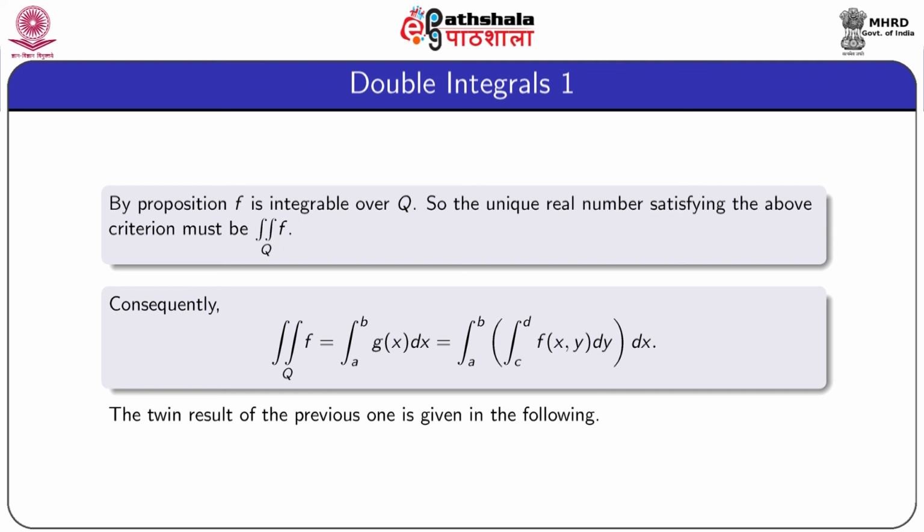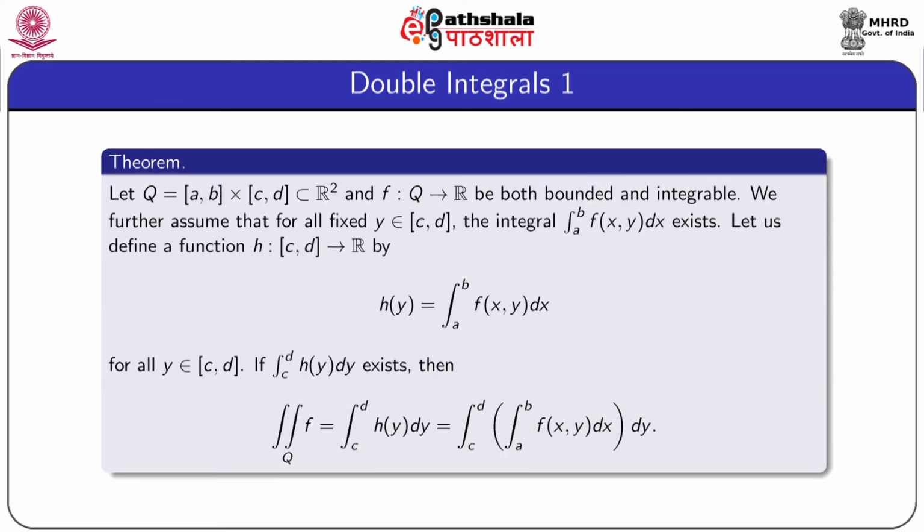This result has a twin result in which we change the order of integration, and that is given in the following. Let Q equal to [a,b] cross [c,d] in R2 and f from Q to R be bounded and integrable. We further assume that for all fixed y in [c,d], the integral a to b f(x,y) dx exists.